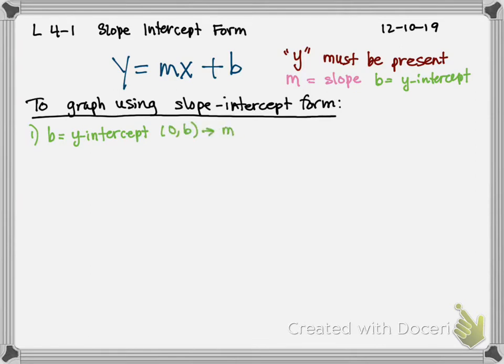So it must be written as an ordered pair. Okay. So when we're graphing, we have an ordered pair, so we're going to plot or graph the y-intercept on the y-axis.